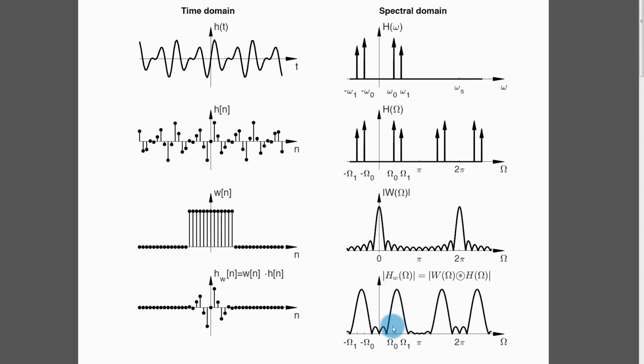Two peaks came here, one at omega 0 and one at omega 1. But when they added up, they created just a single blob, and now I can no longer see that there were in fact two sines in the spectrum. I can see just one blob. In this situation, we say that we do not have sufficient spectral resolution to distinguish these two frequencies.